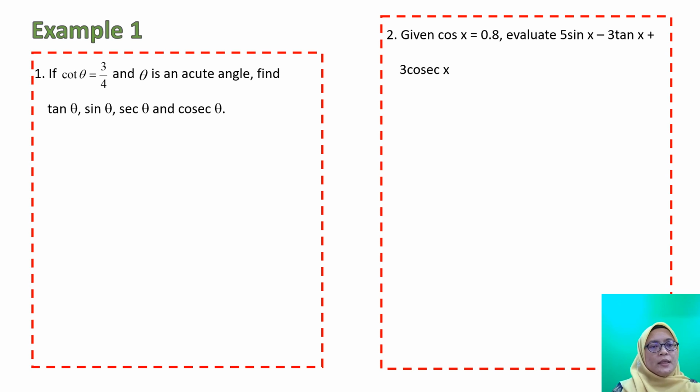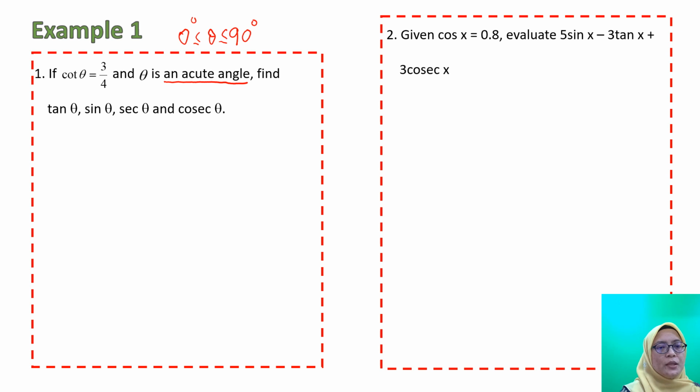Okay, so for example 1, if cotangent theta equal to 3 over 4 and theta is an acute angle, I already mentioned acute angle means theta is in between 0 to 90. Find tangent theta, sine theta, secant theta and cosecant theta.